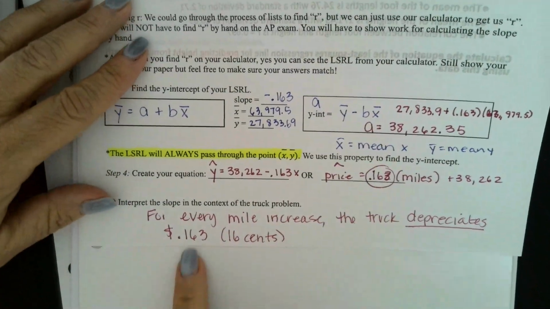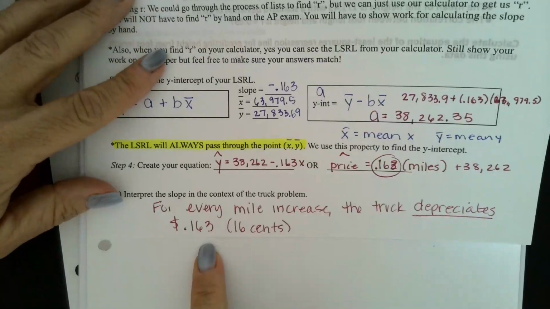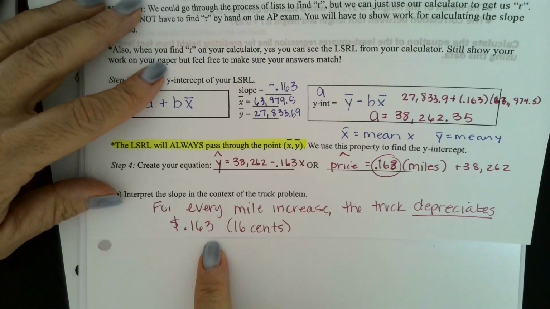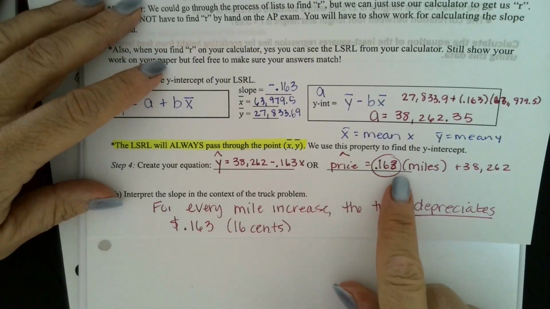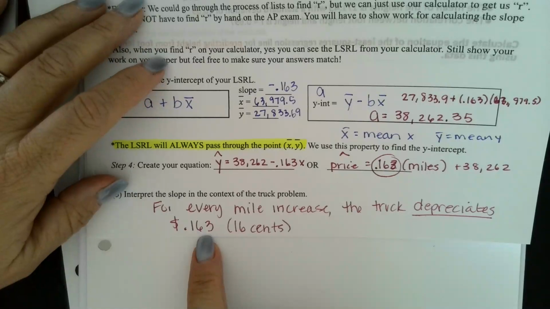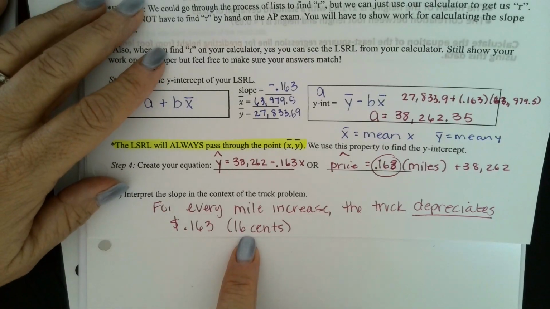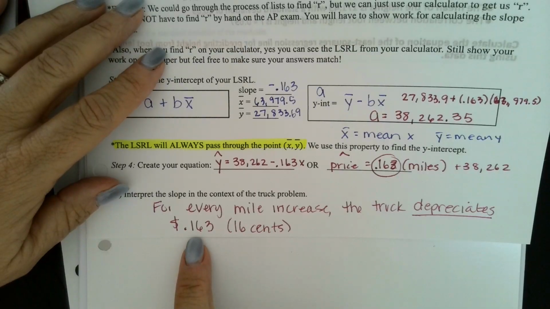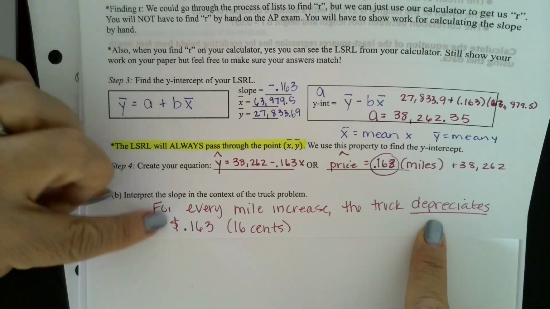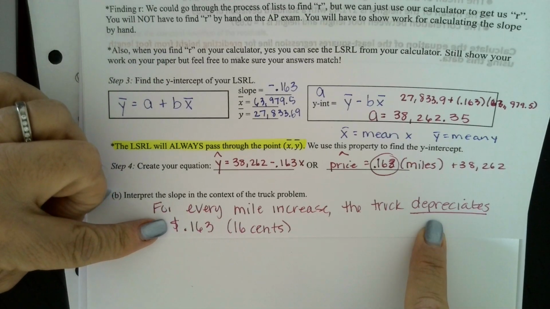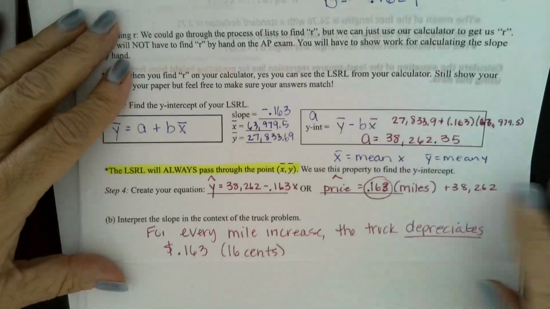Now, with money we would say 0.16, but in the context of this problem, it would be okay for you to put 0.163. You might just say here, like I did, 16 cents. Super important that the decimal's where it needs to be. Depreciates because it goes down. If the cost was going up, it would be appreciates, all right? So that's all there is to it.